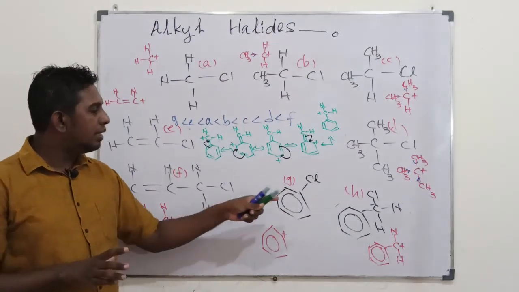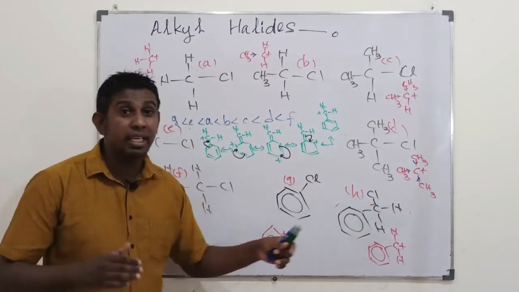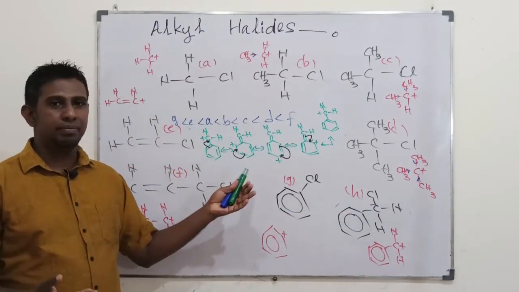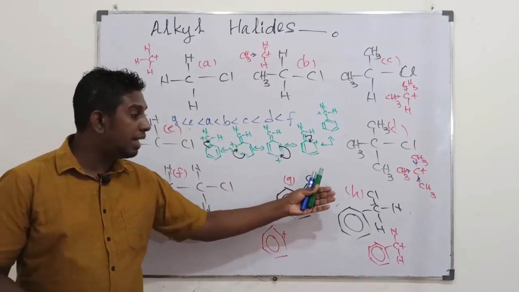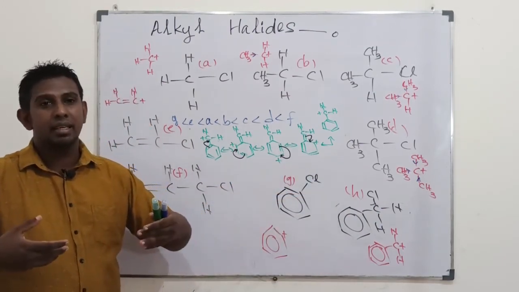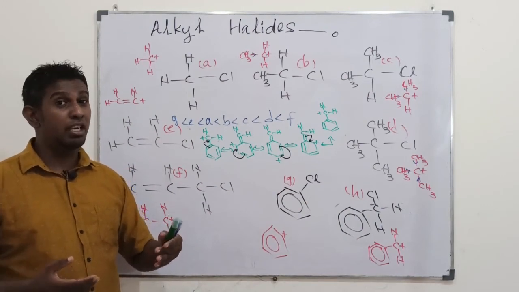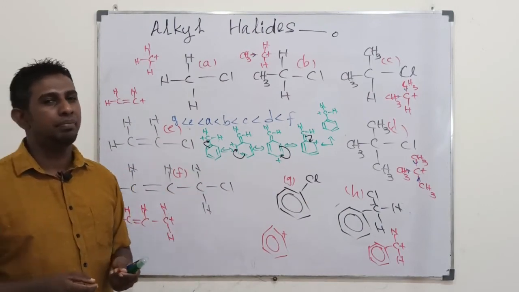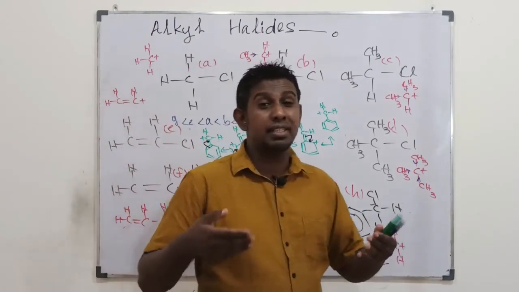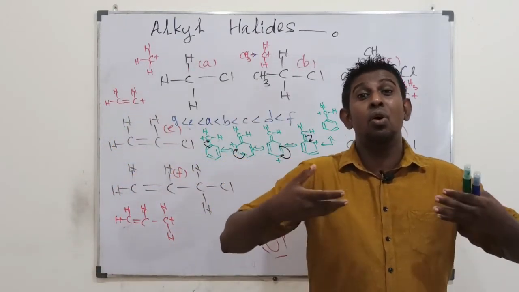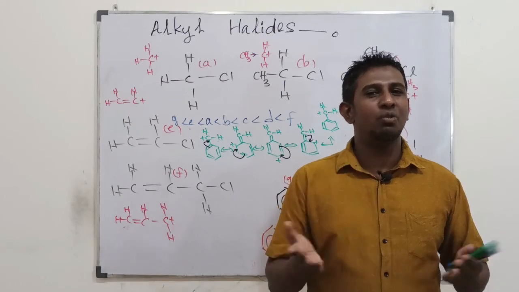Therefore, this chlorine could easily leave, because after its leaving, the formed cation is stabilized by delocalization, forming 5 resonance structures. With increase of the number of resonance structures, the stability also would increase.